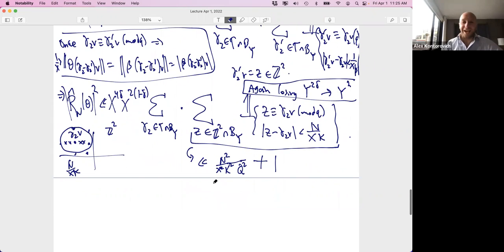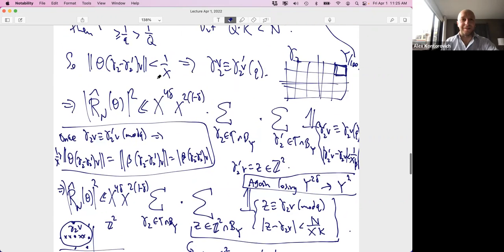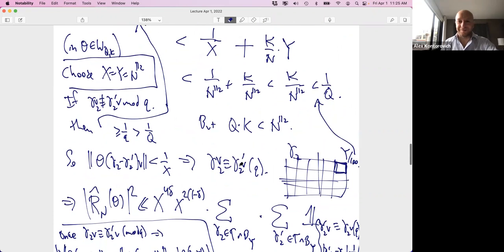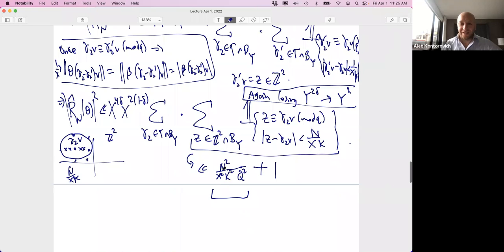But in our case, let's think about this. X we've chosen to be root n. So x, if you recall, where do we set x to be root n? Yes. We've chosen x to be root n. So this is n squared over root n squared. So that's n over k squared q squared. But remember, the Dirichlet approximation theorem says k times q is going to be less than root n.